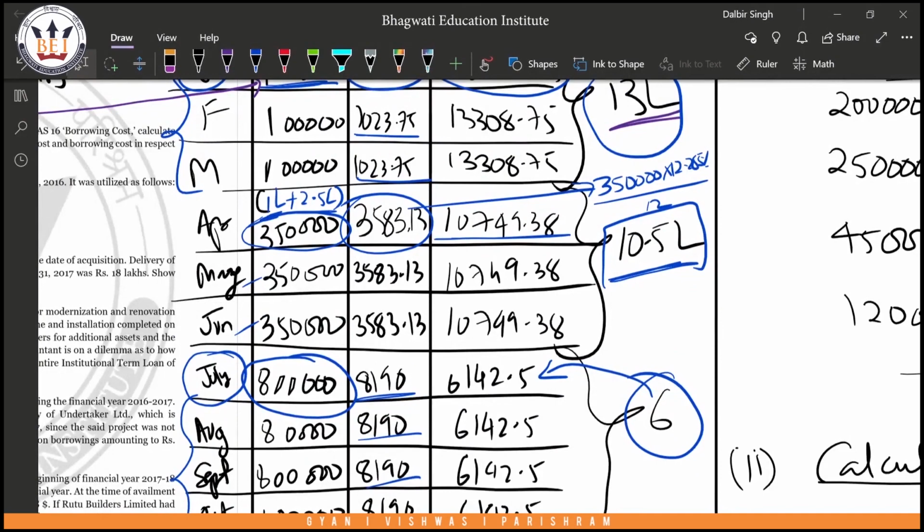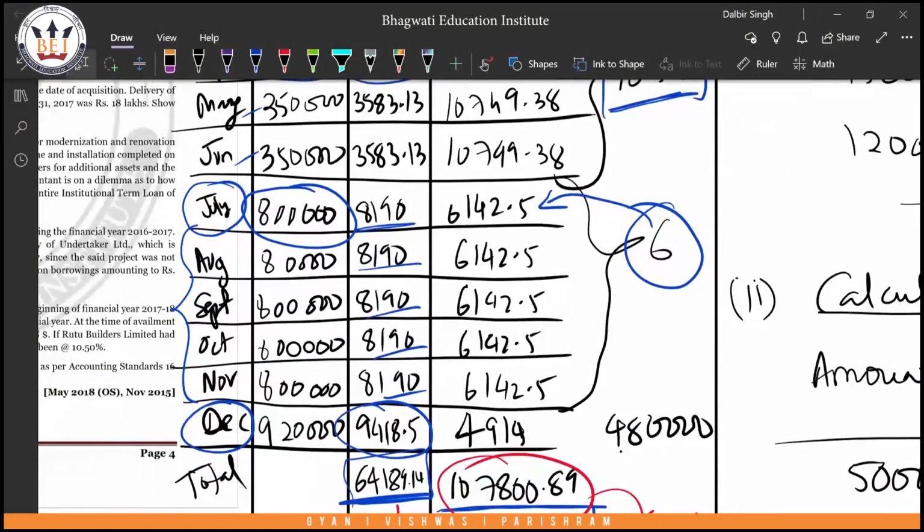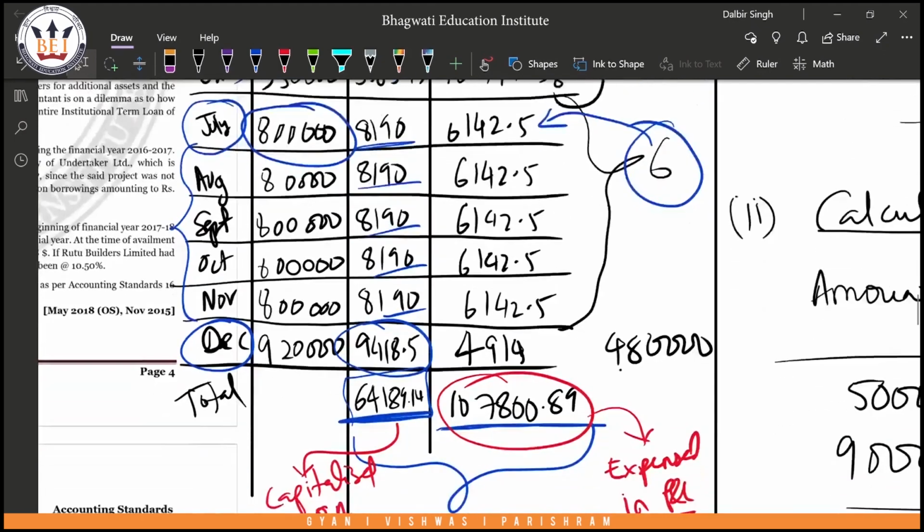So 1 lakh plus 2,50,000 became 3,50,000. Similarly, in July, the 4,50,000 which we expended is included for the whole 6 months. Last, in December, 1,20,000, you've computed the interest for 1 month, because only for that 1 month can you capitalize the borrowing cost.